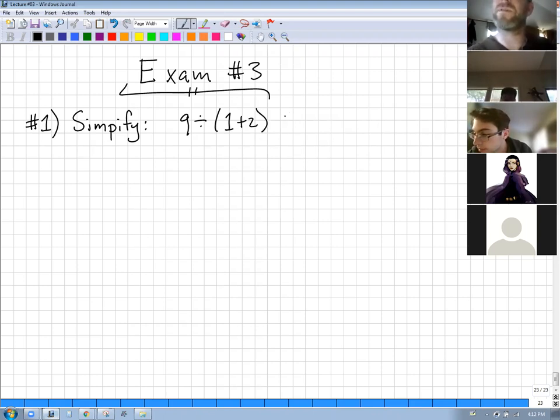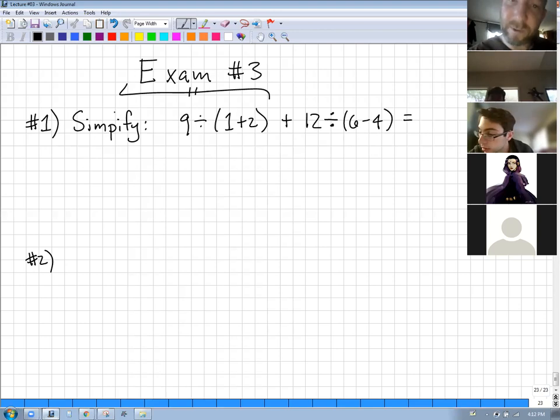And then we're going to add to that 12 divided by 6 minus 4. What is that equal to? And then number 2, simplify.